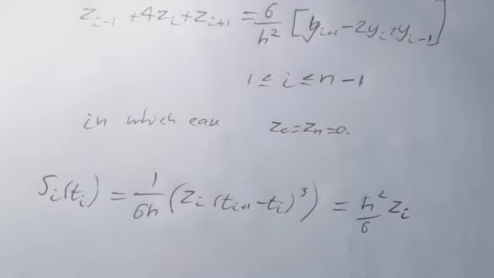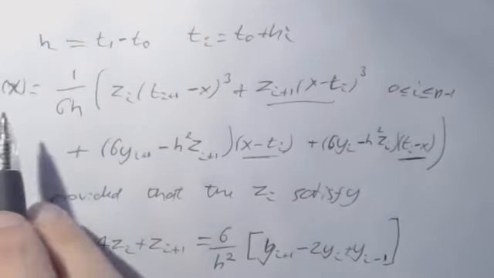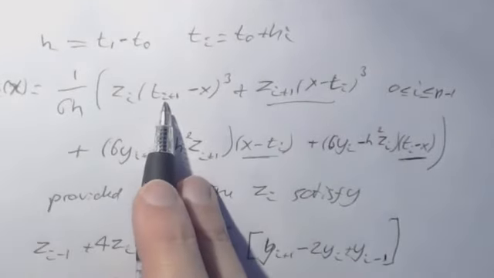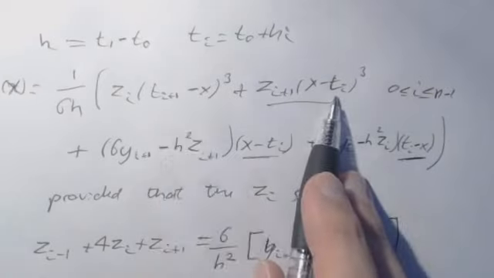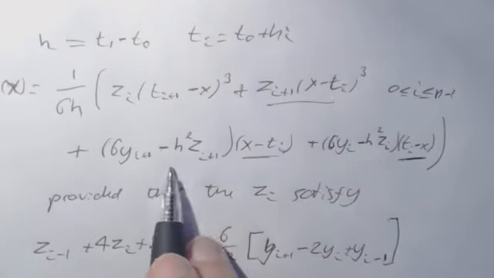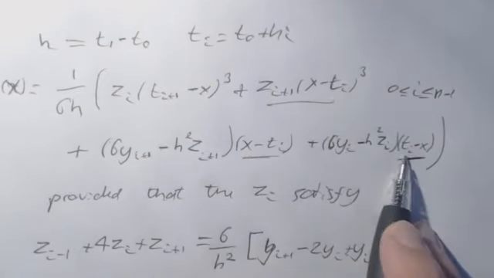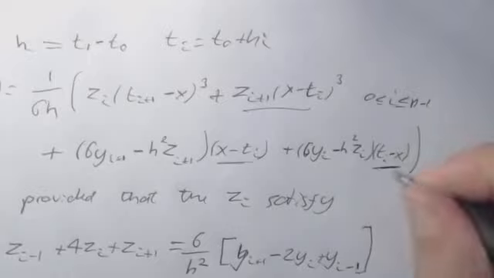No, because I copied my equation down wrong the first time. So that should have been t_{i+1} minus x there, and t_i here. However, this should have been a t_{i+1} as well.